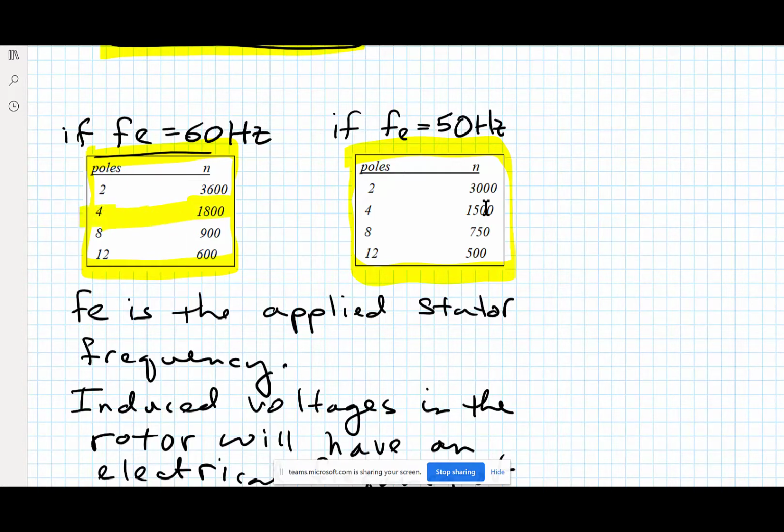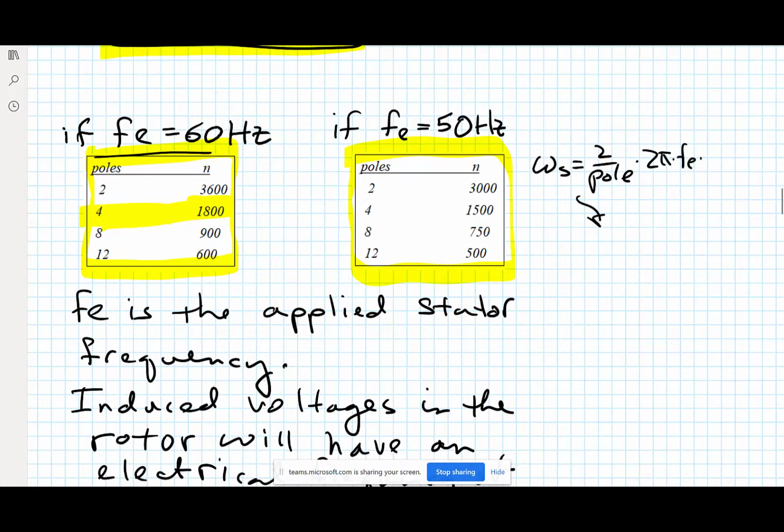A 4-pole machine was 1800 RPM, revs per minute. You can get to that if you want to know the synchronous speed. The synchronous speed is 2 over poles times 2 pi Fe.